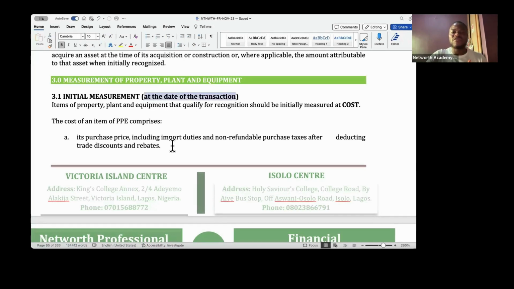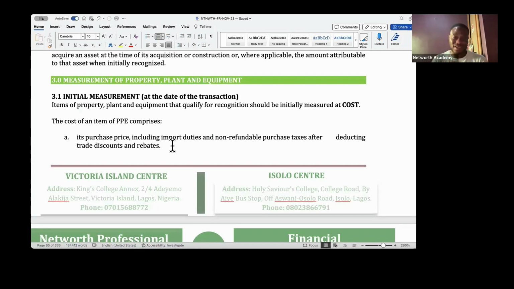At the date of the transaction, we are measuring cost at the date of the transaction, and you are not sure whether you will get it or not. It's not something you get immediately; it's something you will get in the future. That is not what we are doing here. What we are doing here is how much today. That's the initial measurement. Therefore, early settlement discounts will not be deducted from your cost. So if you're not deducting it from your cost, how do you treat it?